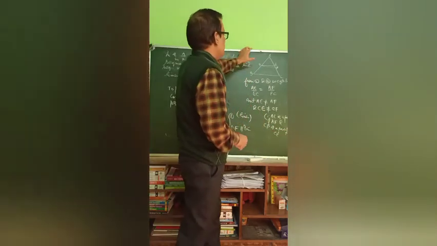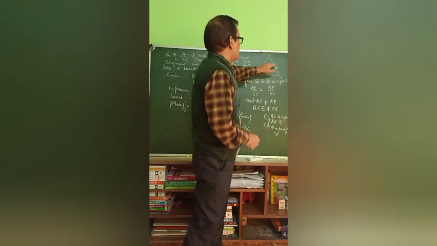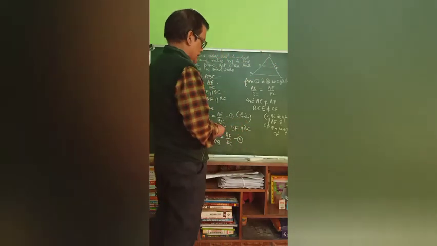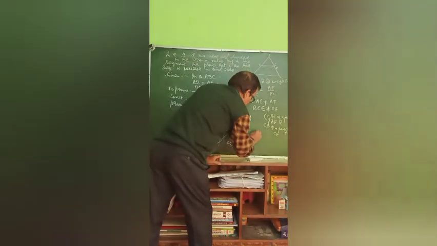So a part cannot be equal to the whole. A small part cannot be equal to the whole. So our construction is wrong.